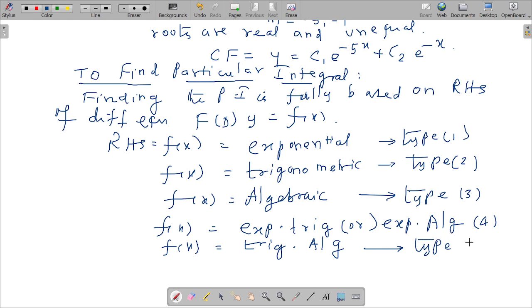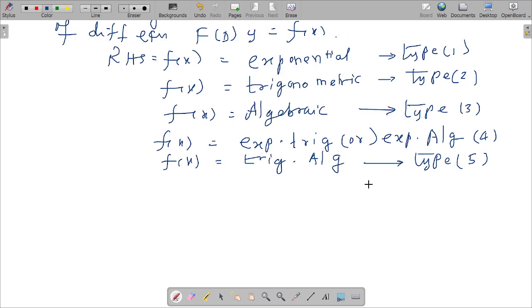There are totally 5 types of right hand side. Yesterday we discussed two types of right hand side: one is exponential, one more is trigonometric.